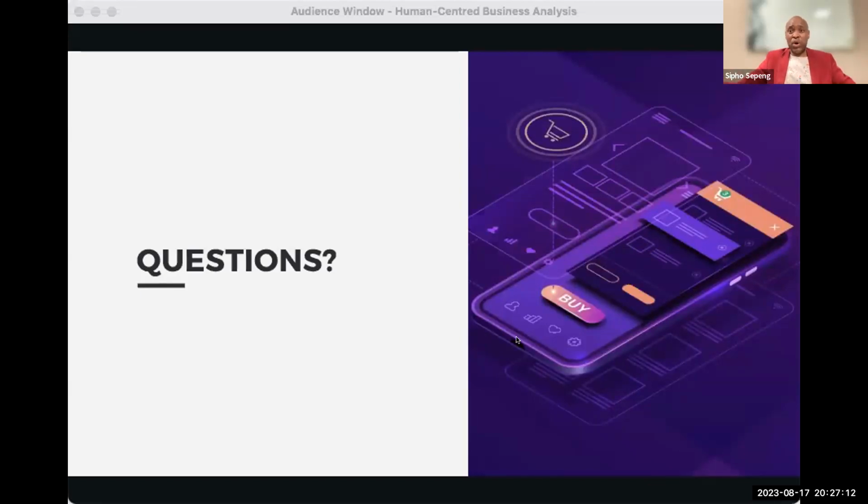We could just do observations. We could go into the customer's natural environment, just to observe how they interact with certain options and solutions, and identify gaps in there.